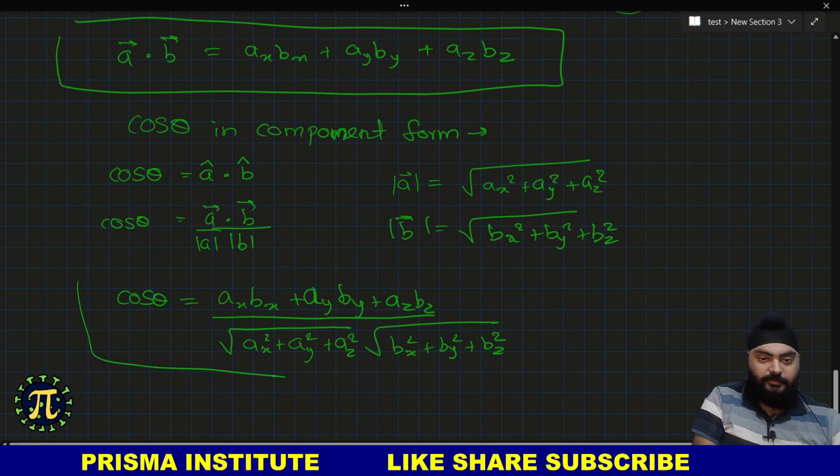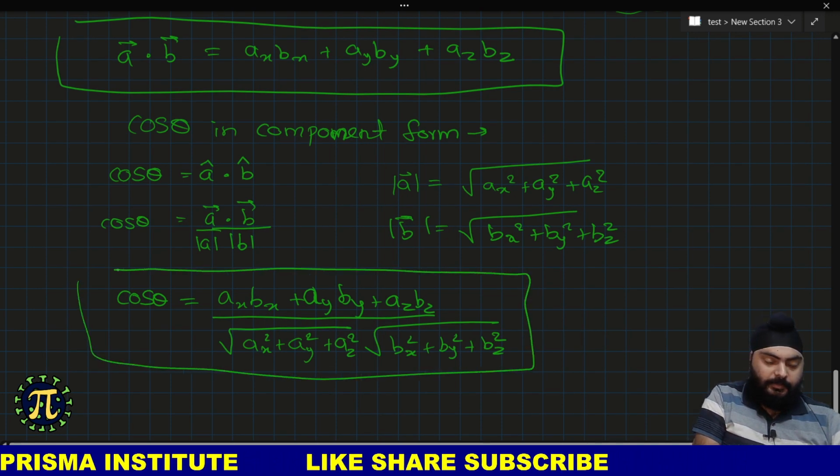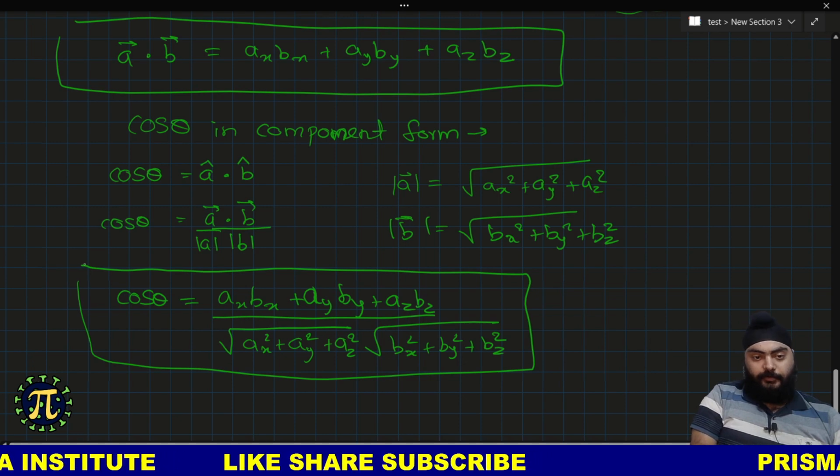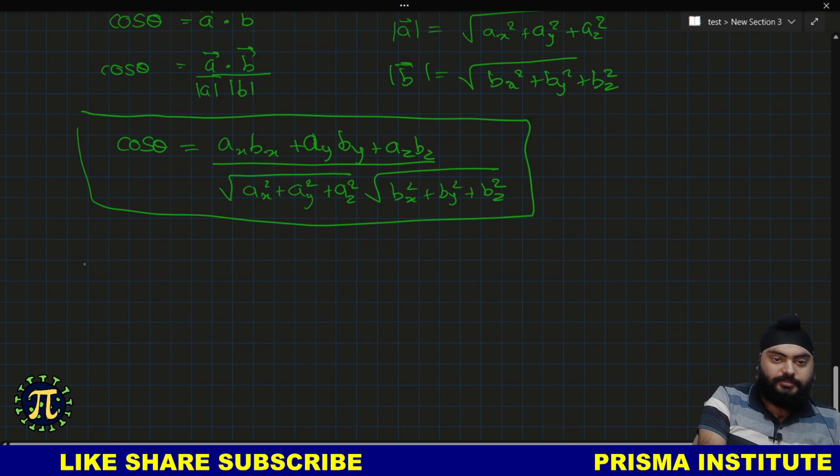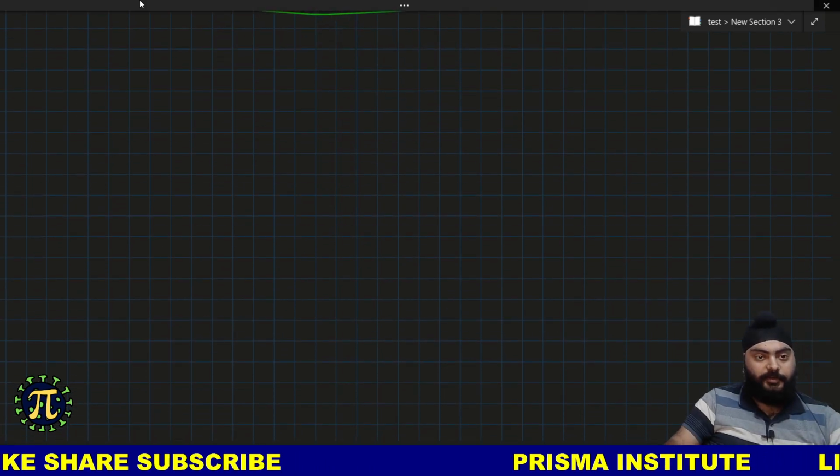Okay, so this is the value of cos theta in the component form. Let's go back into the notes and look further.